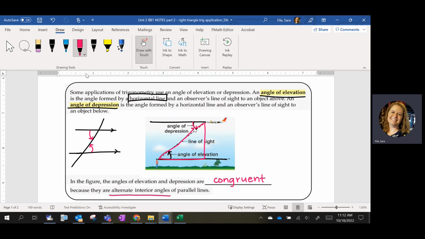How am I supposed to find that? Well, it's equal to this angle of elevation in your triangle. So you could find that angle, and then the angle of depression would be the same. Does that make sense? You need to know that those are congruent to each other.